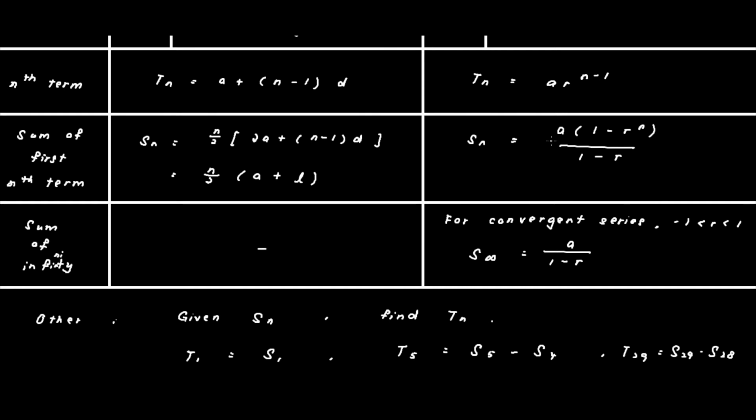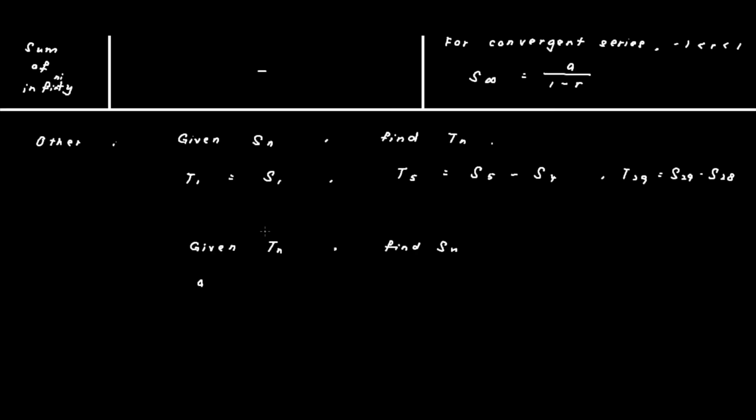For a GP, you will need your A and R. So how do you actually find it? Your A is the same thing as T1. Meaning if they give you Tn equals 3 plus 7n, then when you substitute your n with 1, you'll be able to get your T1, which is basically your A.